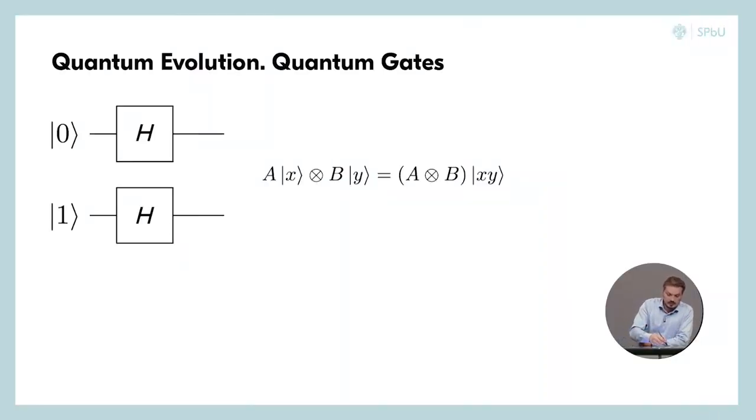Okay, it is generally true that if you have two different operators which are applied to two different qubits, then you can represent it as the Kronecker product of these operators, applied to the Kronecker product of the initial states of the composite system of the qubits. This identity can be easily proved, and I will leave it to you as an exercise.